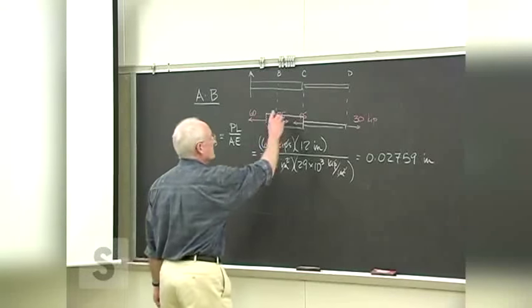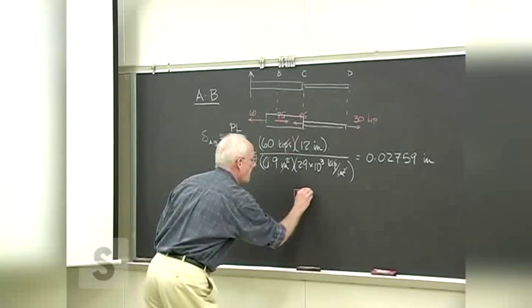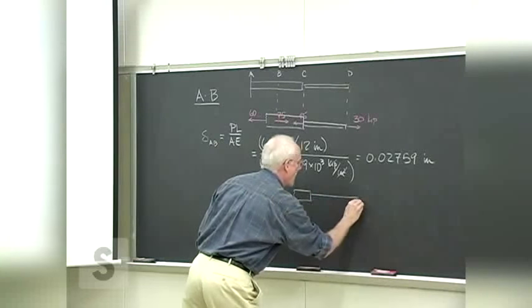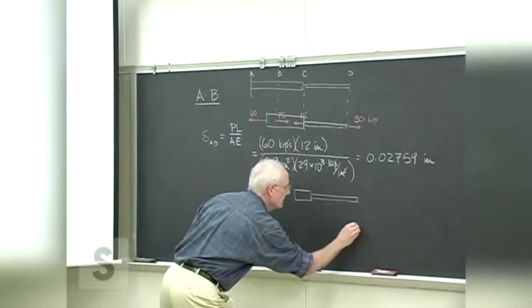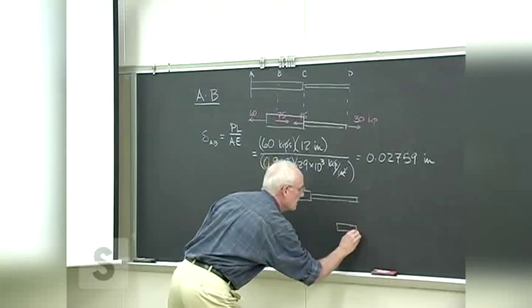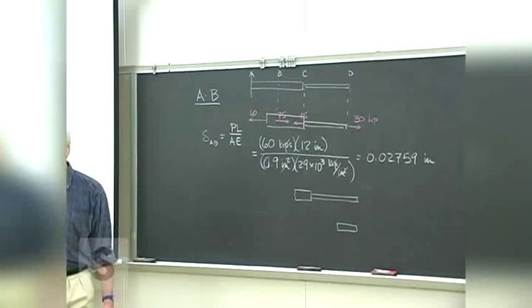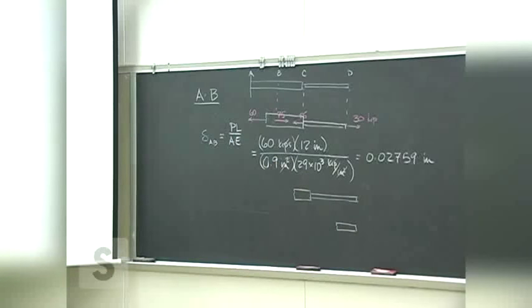Then you need to do it again between B and C. And then you need to do it again for C to D. You can do the same thing.